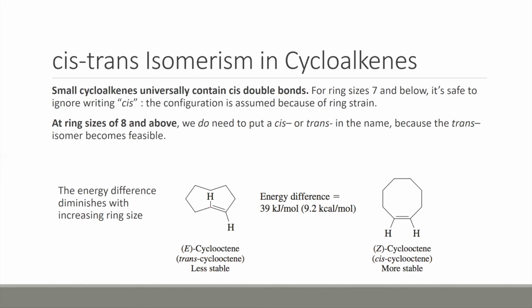Here you can see in this ring, our groups are opposite of each other. The hydrogens are opposite of each other, one up and one down, and so they are trans. Whereas here they are both on the same side, so they are cis. Generally for rings, the cis conformation is going to be the more stable conformation.